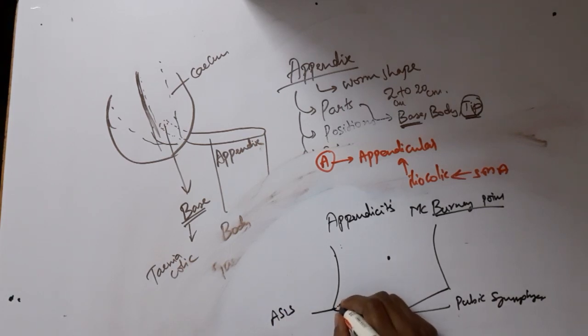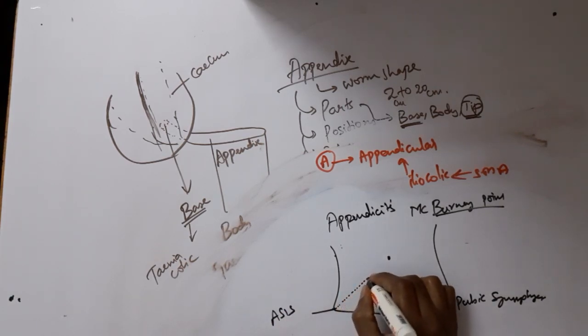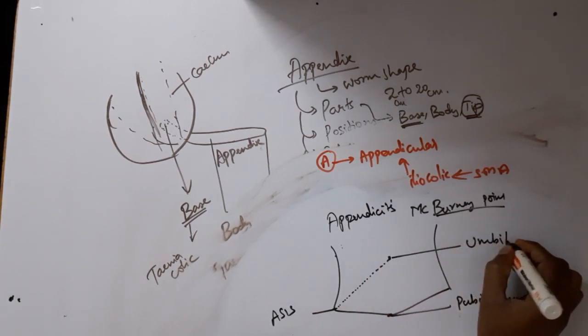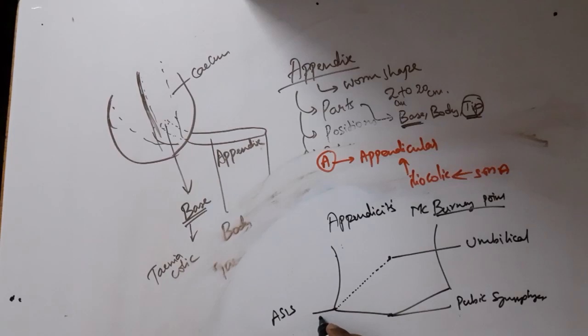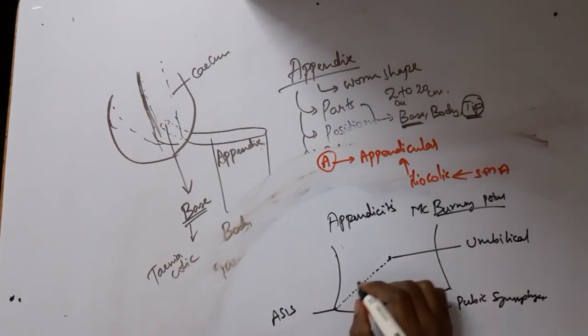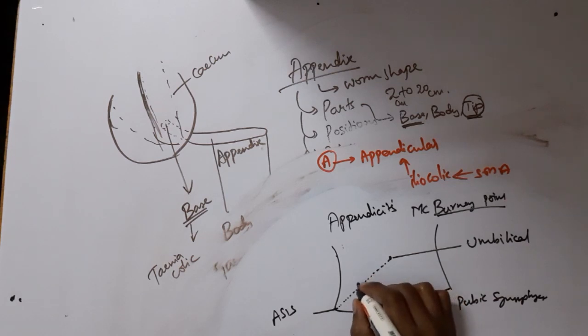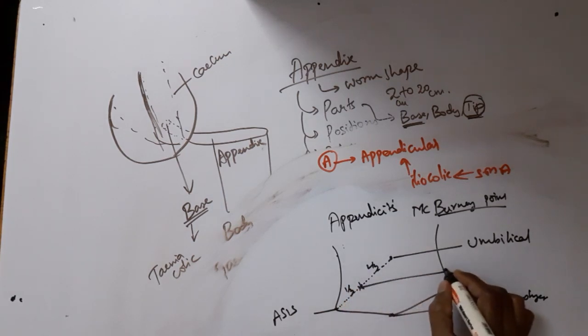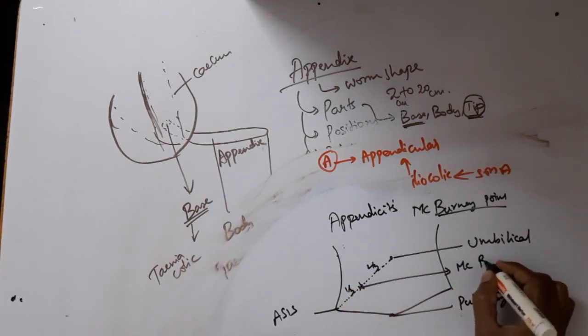If you draw an imaginary line joining the umbilical region to the anterior superior iliac spine, and you divide that into medial two-thirds and lateral one-third, that junction is McBurney's point.